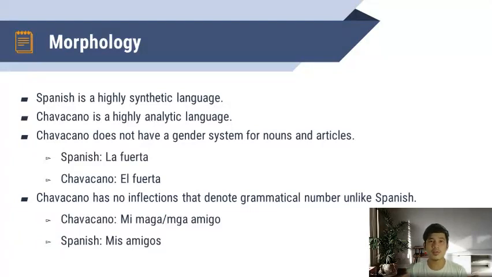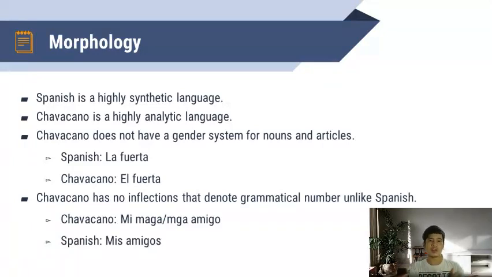Other markings for feminine include Z, ION, and AD, meaning that words ending with AD, words ending with Z, and words ending with ION, for example, universidad, nariz, and canción.